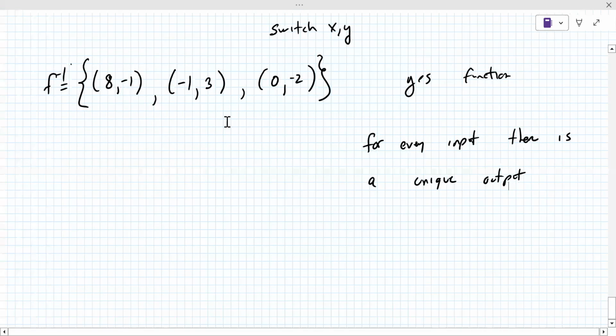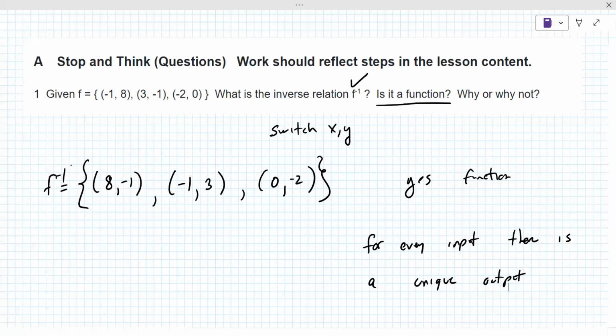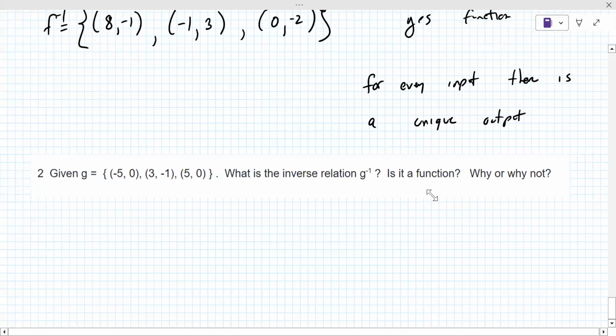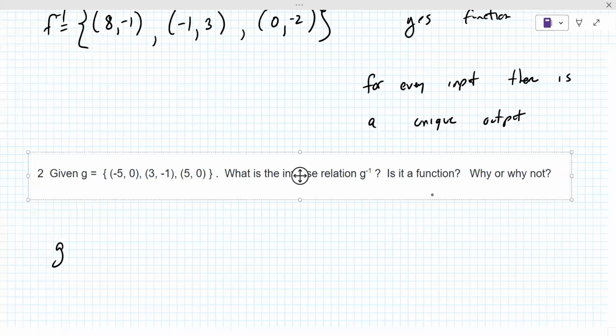Okay. All right, so for number 2, it's basically the same. I'd like you to switch the ordered pairs and give me the new ordered pairs when you switch or swap x and y.